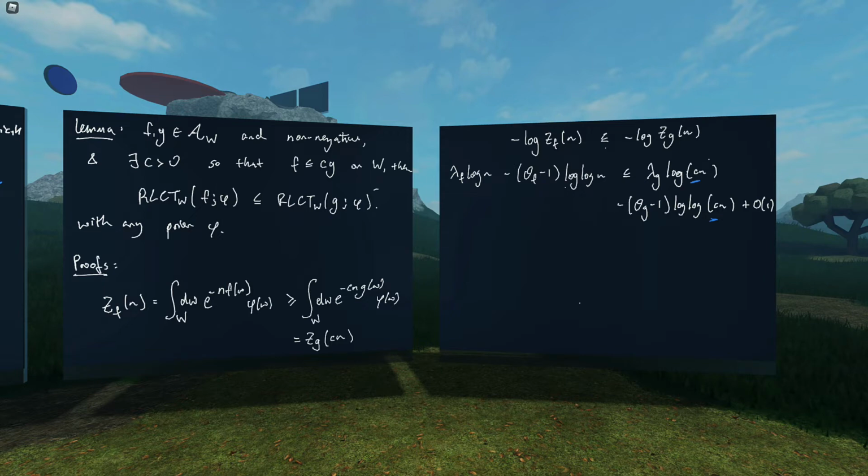And so what that tells us is that if you make n big enough so that the log n dominates all the O(1) terms, then lambda f log n minus... will be less than or equal to lambda g log n minus theta g minus 1 log n for n large.